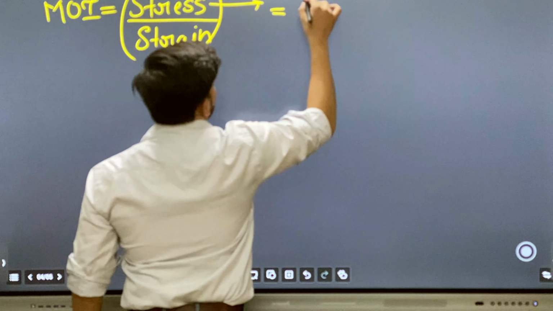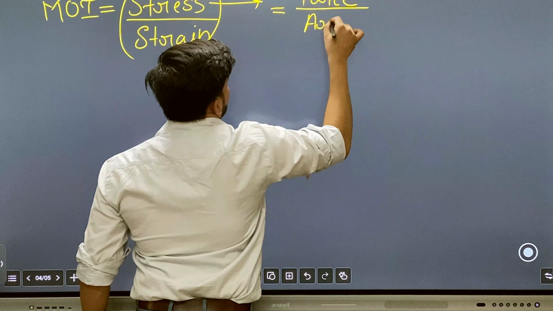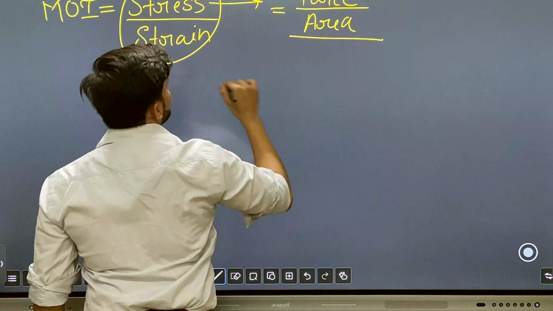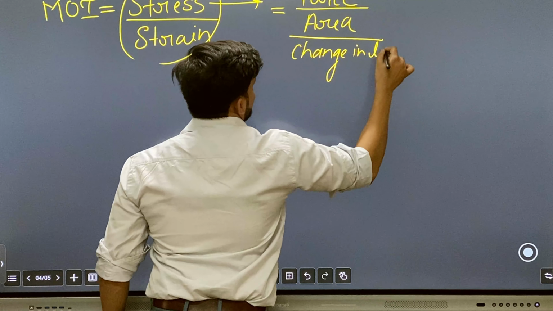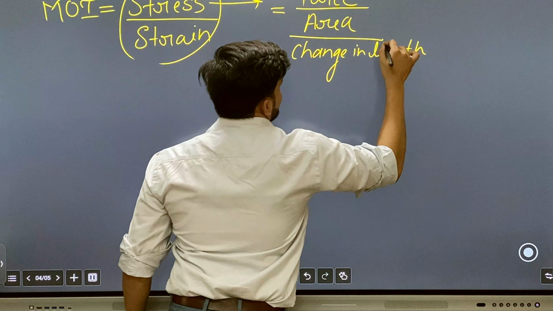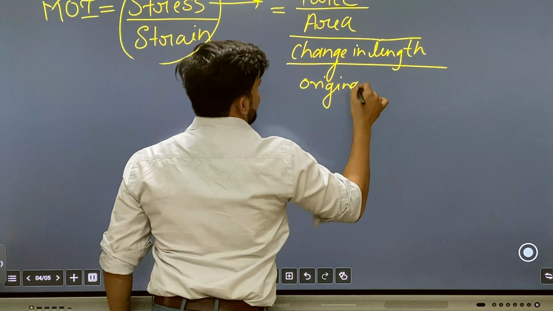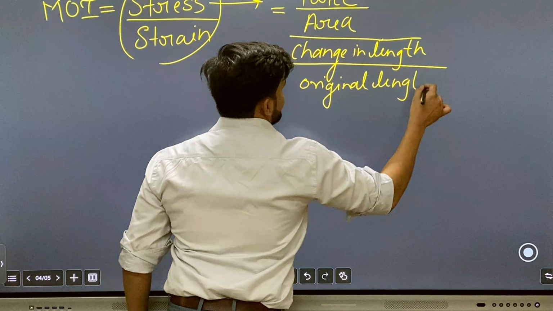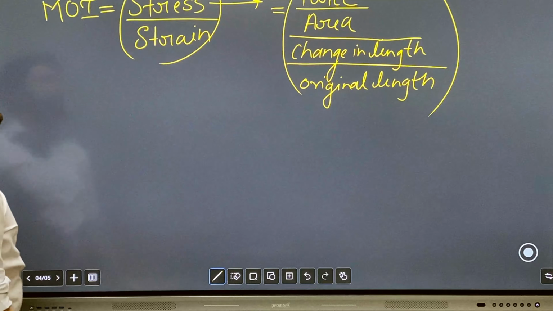Stress is defined as force per unit area, and strain is defined as change in length with respect to original length. So this one is the correct abbreviation of your modulus of elasticity.